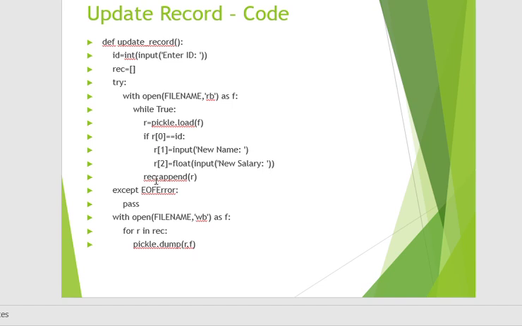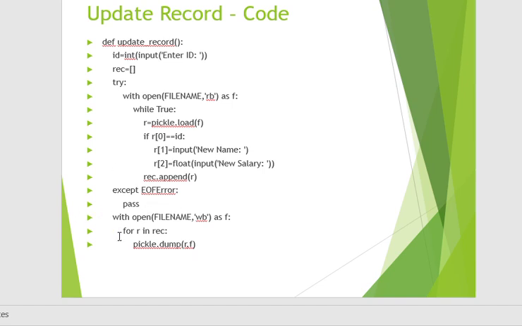Then we are calling the append function, rec.append. Why rec here? Record dot append. So we are appending the record on the basis of r which we have just read, so the complete modified record will be appended. If the file does not exist, it will raise an exception of end of file error and pass.